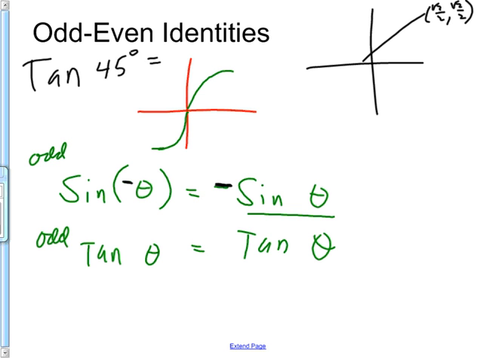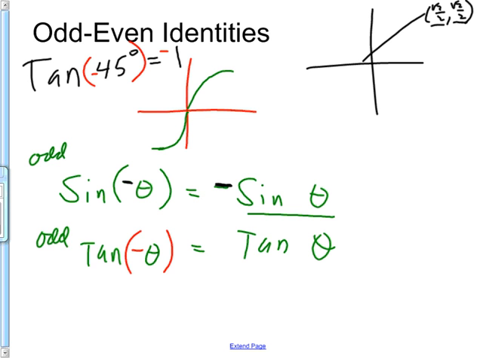Tangent of 45 would be sine over cosine, so it'd be that over that. As long as they're equal to each other, the answer is 1. So if I stick in a negative right there, what do you think the answer is? Negative.